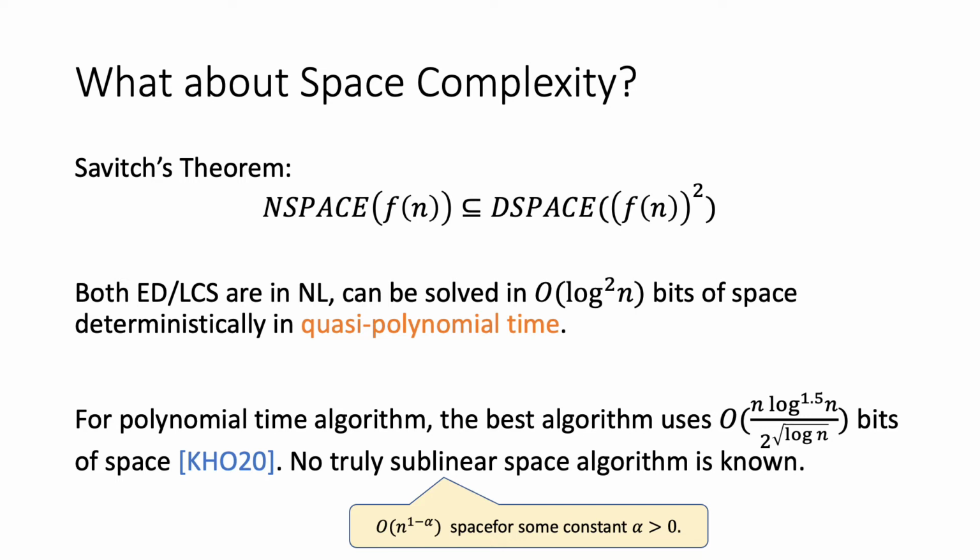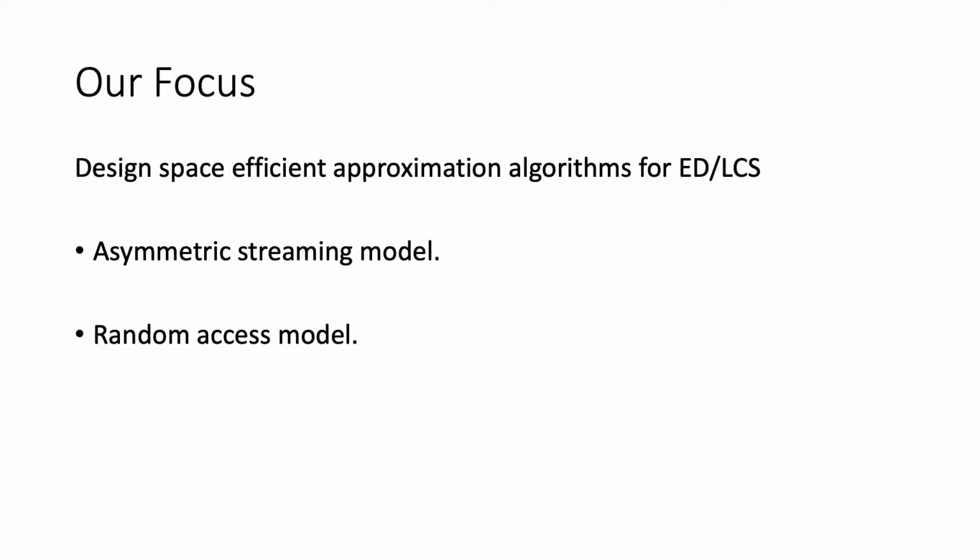The best algorithm we know so far uses O(n log^{1.5} n / 2^{sqrt(log n)}) bits of space, which is slightly sublinear. So far, there's no algorithm that can achieve both truly sublinear space and polynomial time simultaneously. So in this work, our focus is on designing space-efficient approximation algorithms for edit distance and LCS.